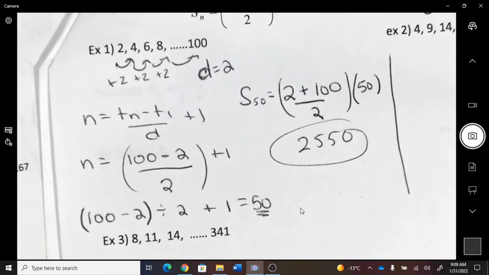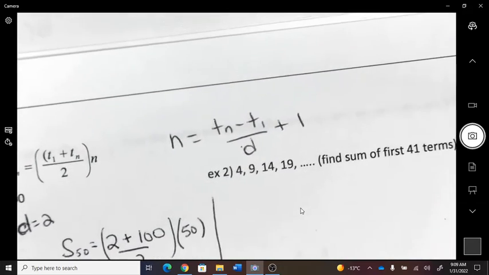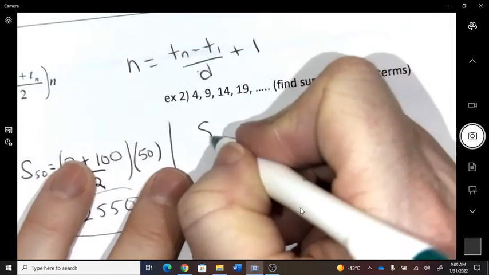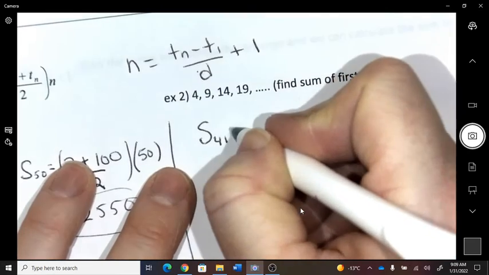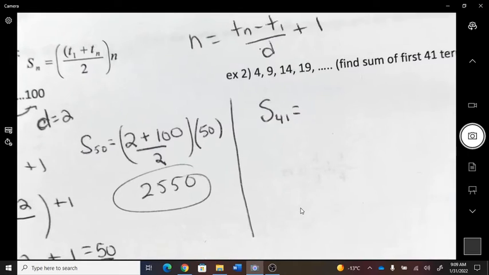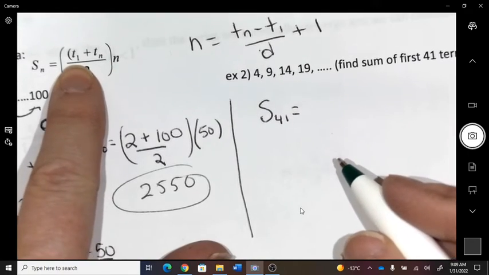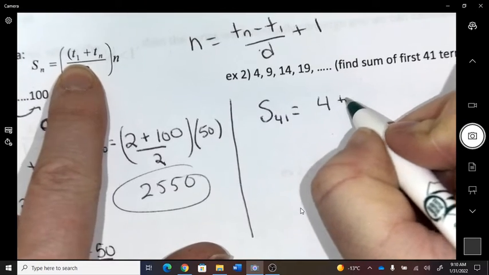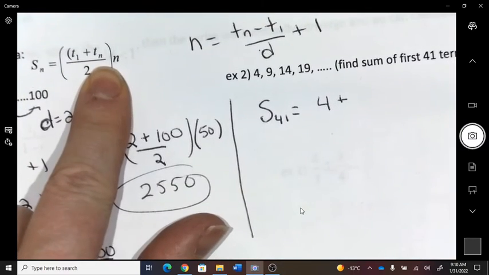Okay, next one. Find the sum of the first 41 terms. So when I think about this formula, I'm going to do sum 41. There's my formula. The first term, that's 4, plus the last term.